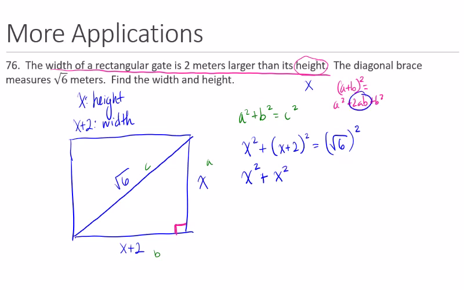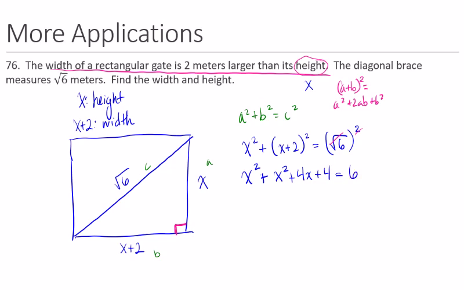The middle term is x times 2 doubled, right? So x times 2 is 2x. If I double that, I get 4x. And then I'm going to square the second term, and so 2 squared is 4. Okay. Then on the other side, I have root 6 squared, so we know that the square of a square root, we just get the radicand.